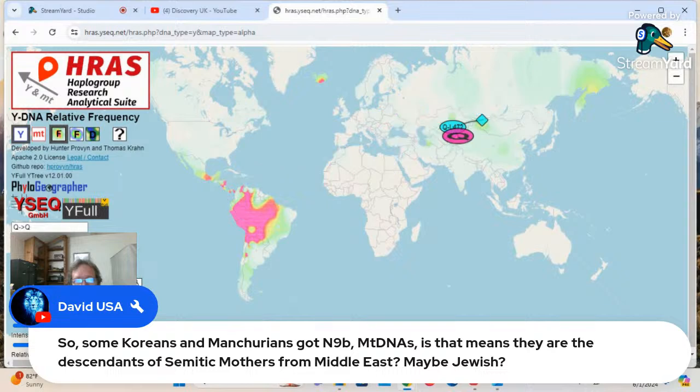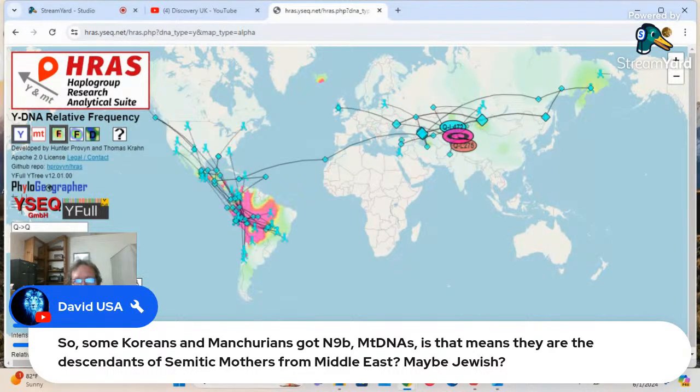As soon as they encounter the Lydians in Anatolia, they traveled through the Mediterranean, off the coast of Africa, straight to Central America, and spread out from there.